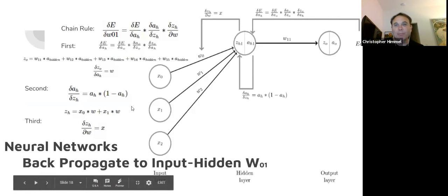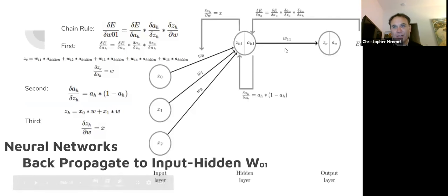We can't jump. Our output neuron doesn't know anything about these input neurons. We don't want it to. We want it to be natural, where every neuron looks exactly the same. It's just a function of its inputs. So we can only go so far, and that's why the chain rule works, because we're just moving back one step to get to the input.